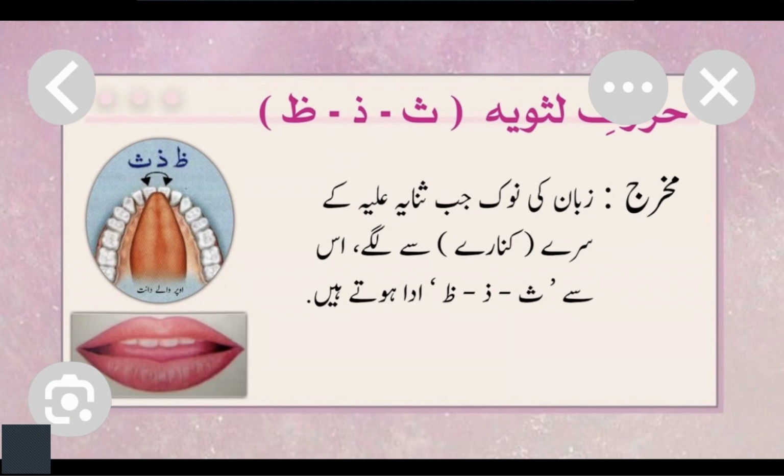So that's why when we say this, we say ZAW. And here you can see clearly the tip of the tongue goes to the corner of those upper two teeth, and in this picture you see a little bit of the tongue is outside.